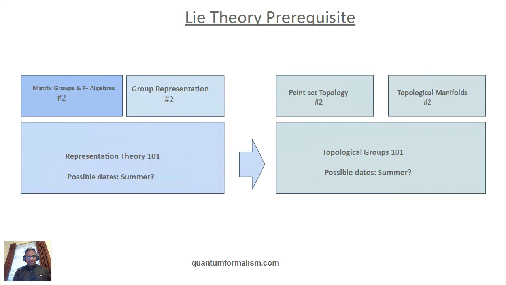But I'm suggesting, because this foundation module has been very algebraic, it's much easier for you if we start with representation theory 101, in particular focusing on group representation, and use the groups that we already know, like the unitary group, for instance, as the prototype, because these will be the actual Lie groups that people work with in physics and quantum computing.